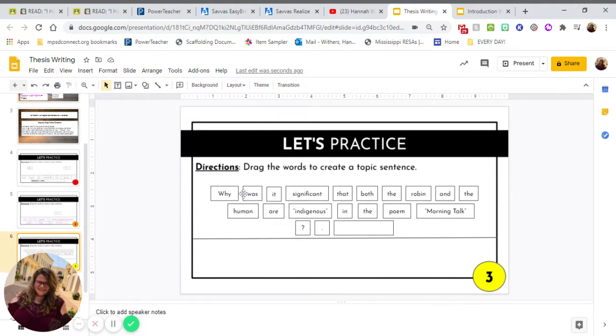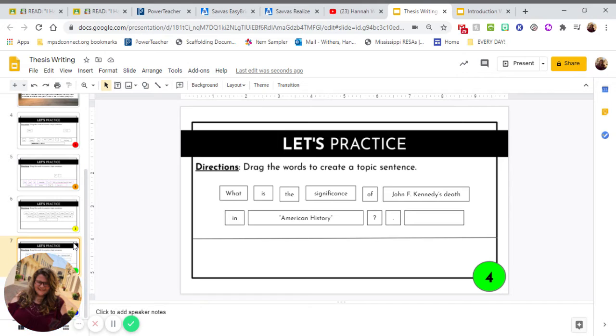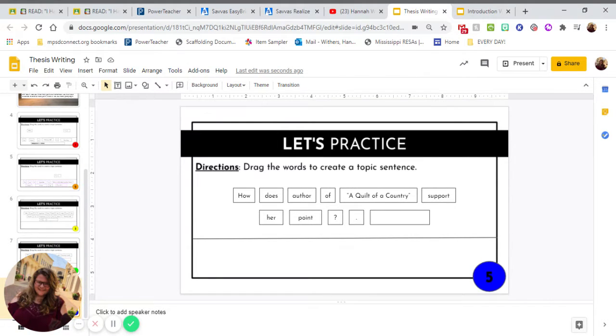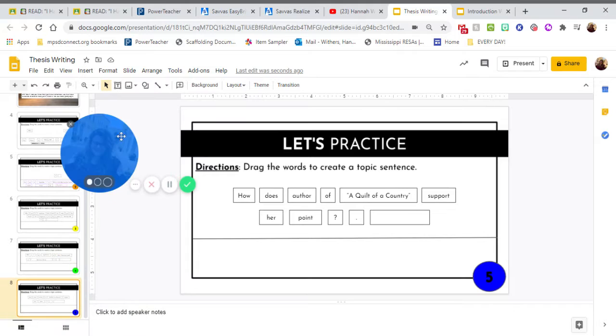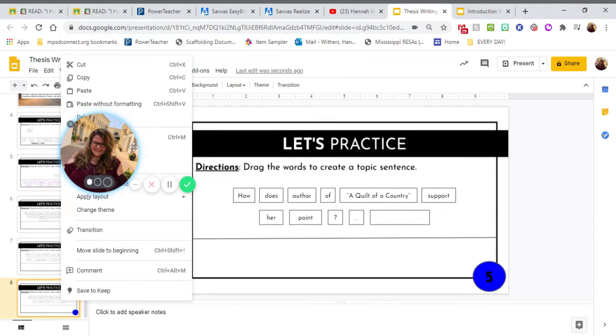Okay. Why was it significant that both the robin and the human are indigenous in the poem Morning Talk? Yet again, we're just going to switch it around. Now, I want to actually make an example here because I feel like I'd like to give you a really strong example.